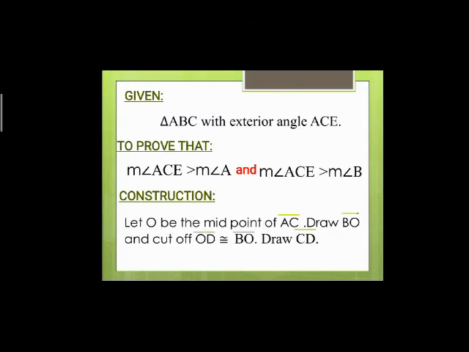Let O be the midpoint of line segment AC, draw BO and cut off OD congruent to line segment BO. Then draw the line segment CD, which we already discussed while explaining the diagram. Hopefully you all understand what we write in the construction point.